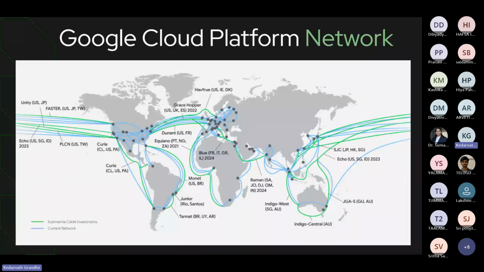Google Cloud Platform is a cloud provider platform, and you have all these connections wired here. The green ones are the ones which are investments, like submarine cables, and blue ones are the ones which are already laid.